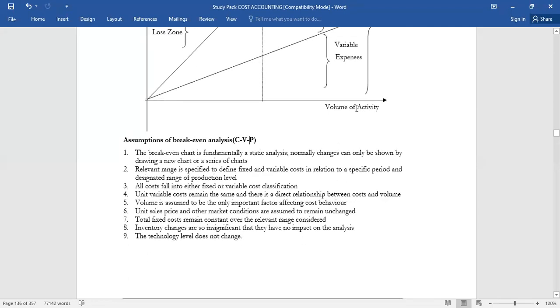So I've said we come up with this analysis by holding some factors constant, or other assumptions. The first one is the break-even chart is fundamentally a static analysis. So changes can only be shown by drawing a new chart or a series of charts.